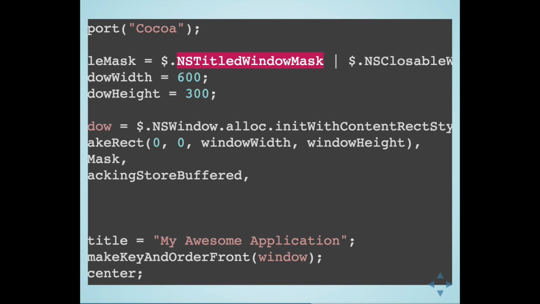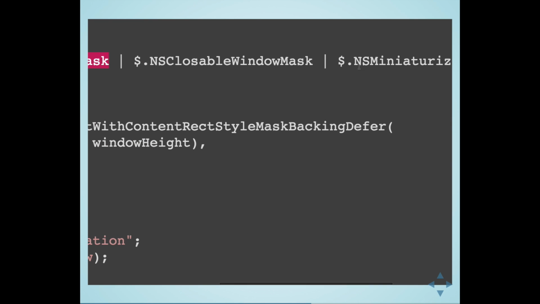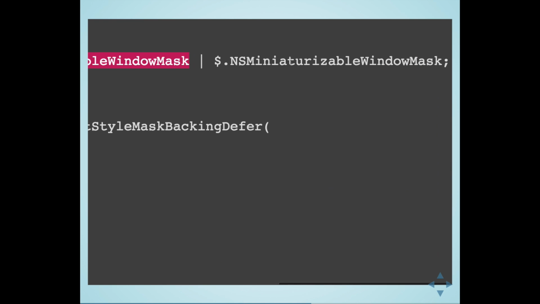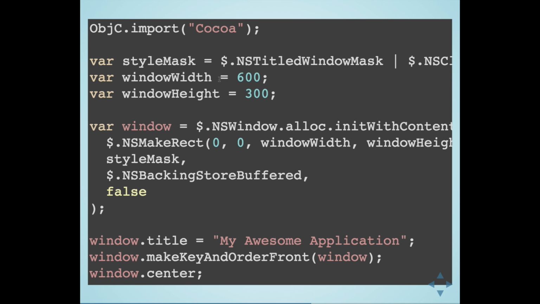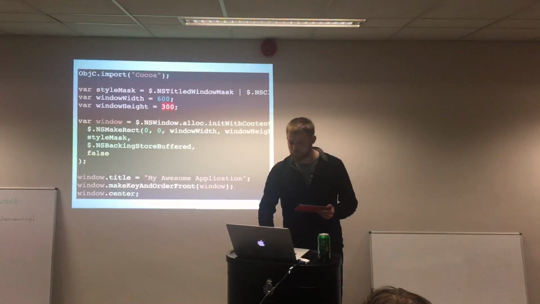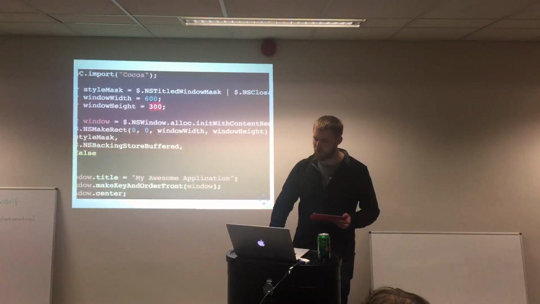Of course, with Apple namings, everything's incredibly verbose. It's closable, because, you know, why wouldn't we use options? And you can miniaturize it down into the dock. It's 600 by 300, and then we configure our window here.